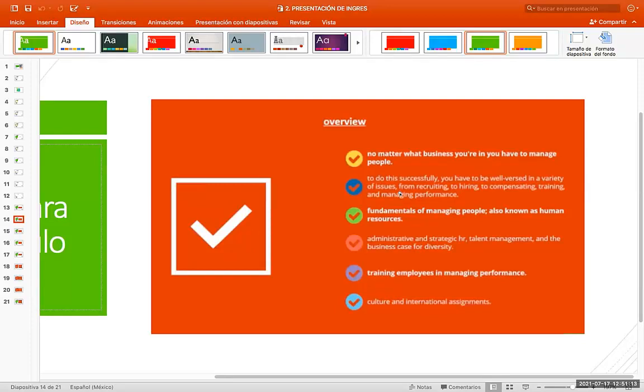To do this successfully, you have to be well versed in a variety of issues, from recruiting to hiring to compensating, training, and managing performance. Fundamentals on managing people, also known as human resource, administrative and strategic human resource, talent management, and the business case for diversity, training employees in management performance and culture, and in international segments are the items that the speaker talks about in this video.